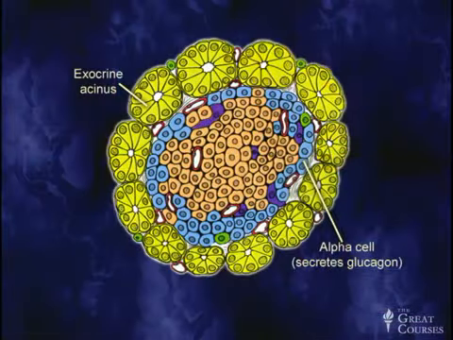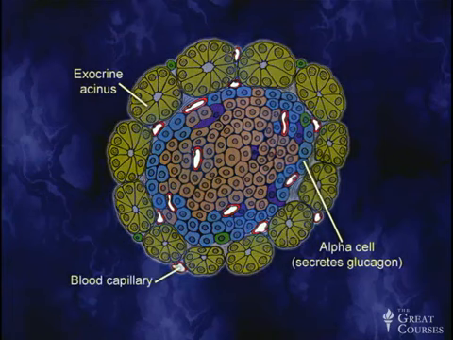Now, the glucagon secretion into the bloodstream, and if you look here, notice there's lots of capillaries on this slide. So these cells are all going to be very close to capillaries, and the glucagon can get in there by diffusion. The glucagon is responding to low levels of sugar in the blood, or lowered levels.